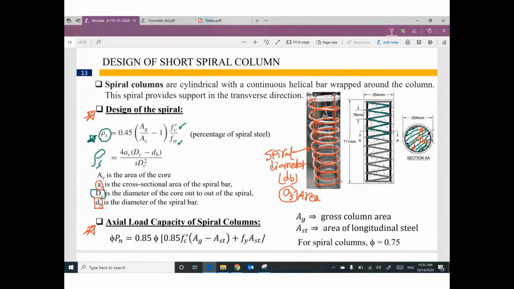S, I didn't define it. S is the pitch, the spacing between this one and this one. This is called S, between this one and this one.